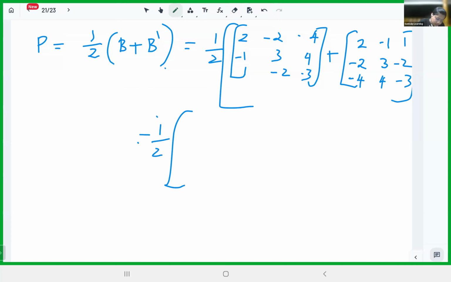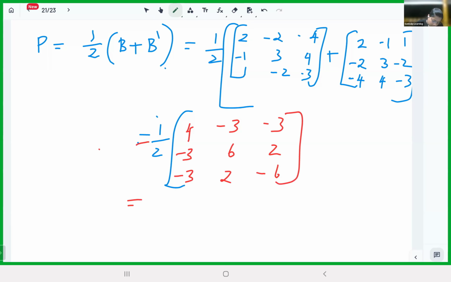You have to add these two matrices, and 2 plus 2 is 4, minus 2 minus 1, right? It is minus 3. Then minus 4 plus 1 is minus 3. Minus 1 minus 2 is also minus 3. 3 plus 3 is 6. 4 minus 2 is 2. 1 minus 4 is minus 3. Minus 2 plus 4 is 2. And minus 3 is nothing but minus 6.